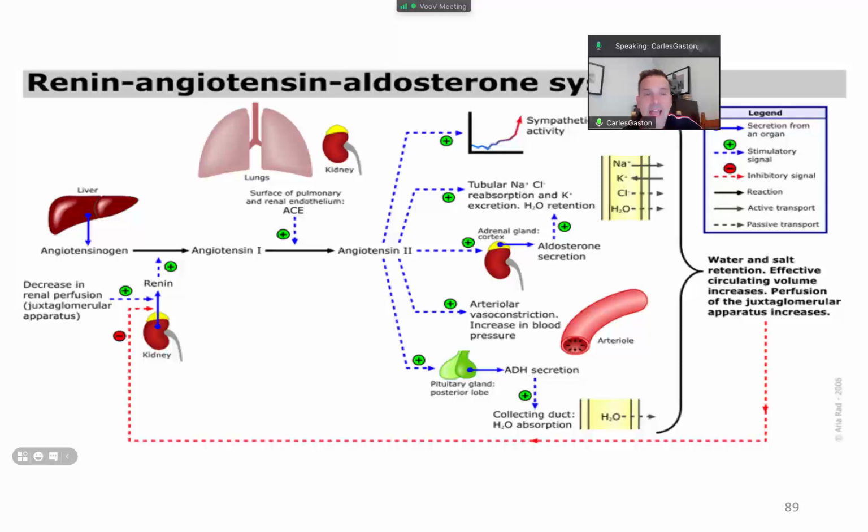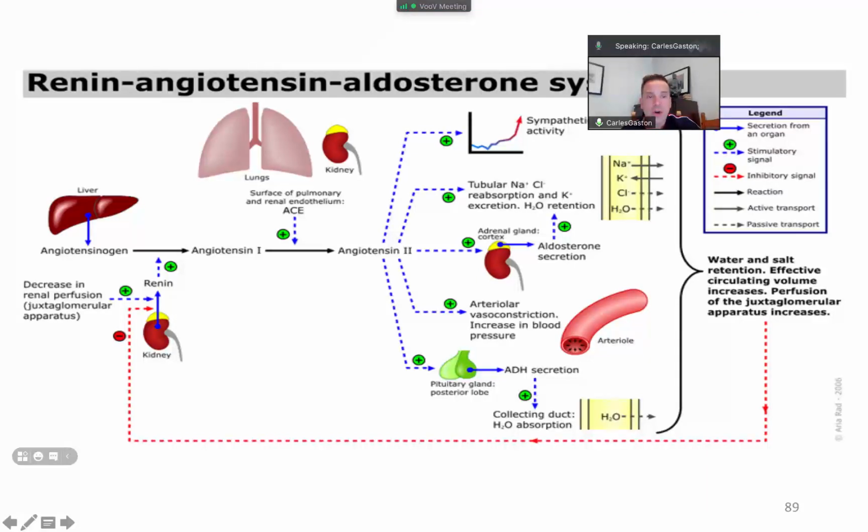So this is again a little representation of how the renin-angiotensin system works, and how it affects the adrenal cortex, and then aldosterone. It's also in the adrenal cortex, and how basically this works in the exchange of sodium, potassium, and water in the blood.